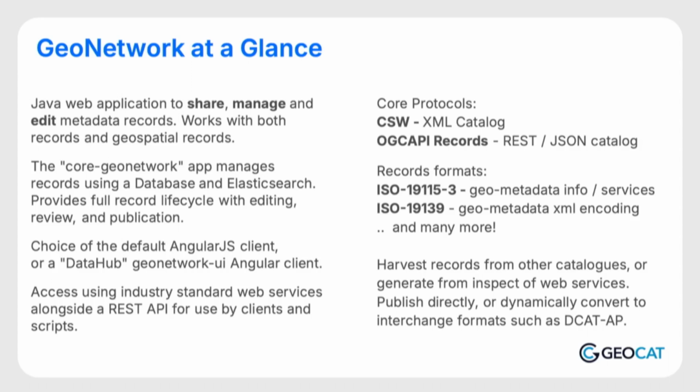It does support some protocols in order to be accessed from clients, Catalog Service Web, and new this year, OGC API Records. And behind the scenes, GeoNetwork is very good at working with different formats of records. So you can have a record to describe your information, and then the different standards bodies have different recipes for what that record should look like, ISO 19139 and so on.